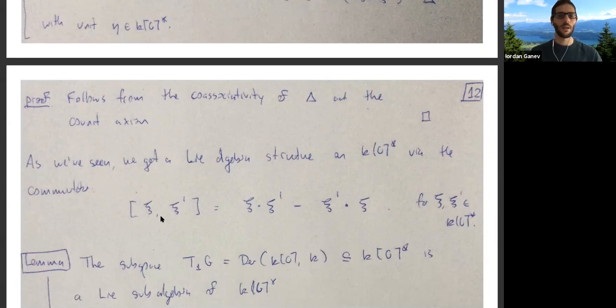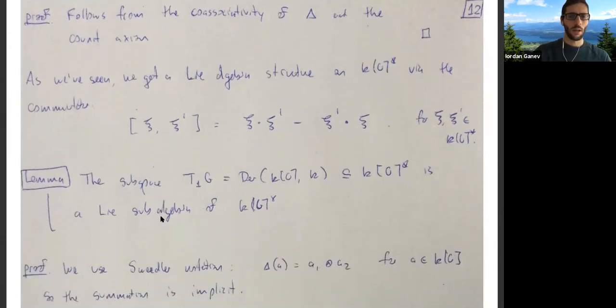So it has a Lie algebra structure given by the commutator. We do this operation in the reverse order, take the difference, and that's the Lie algebra structure on the dual space of the affine algebra of G. Now the claim is that if we look at derivations, the tangent space at 1 to G, those are derivations from K[G] to K, maybe I should have written 1 here.